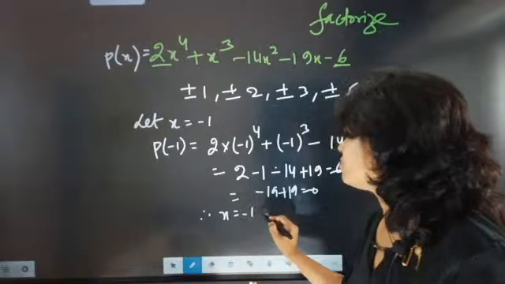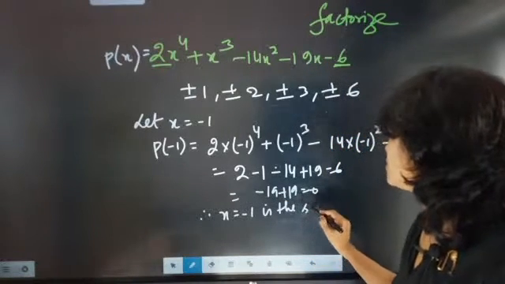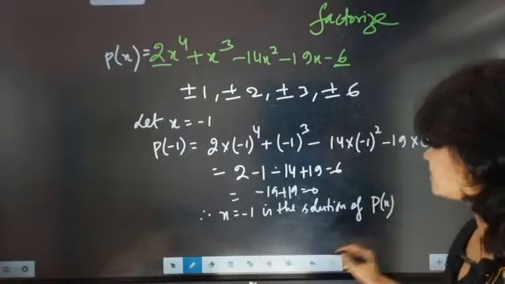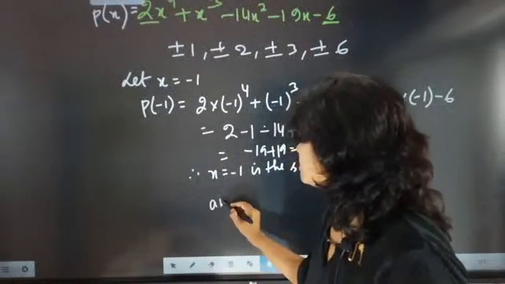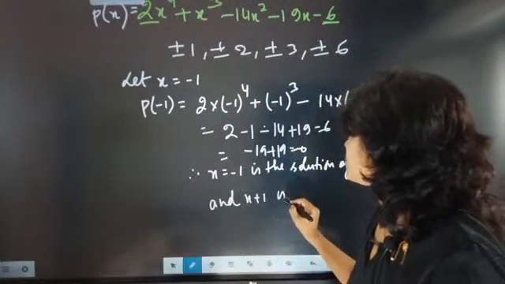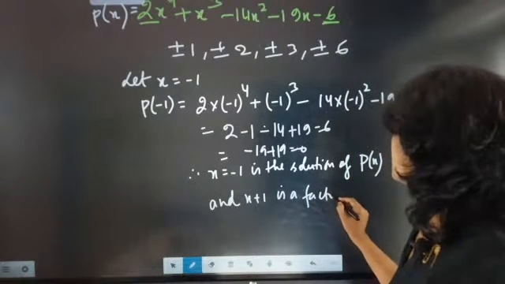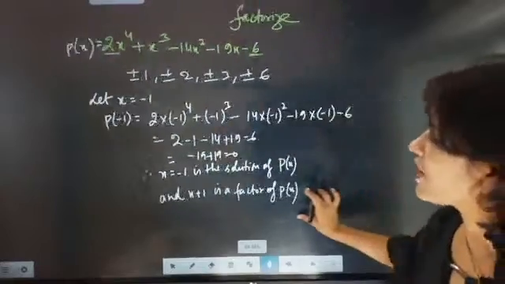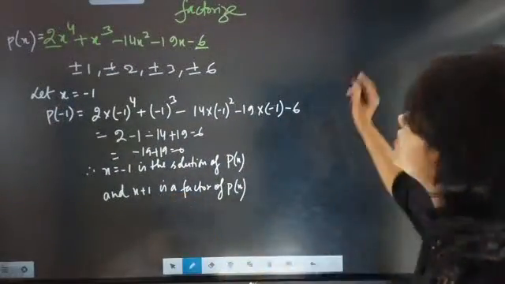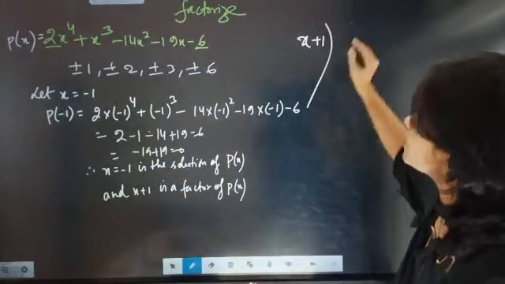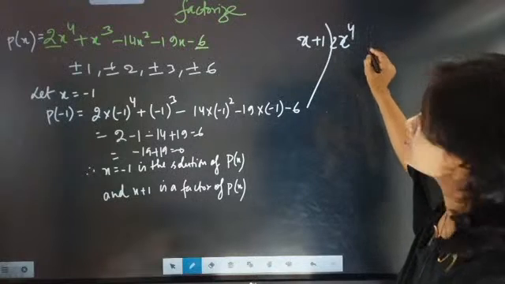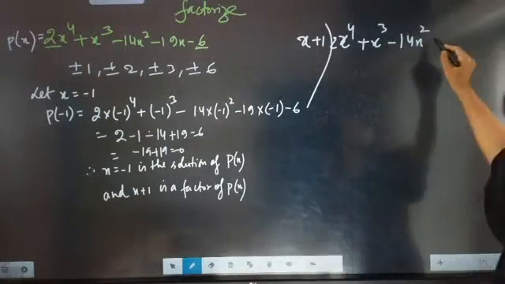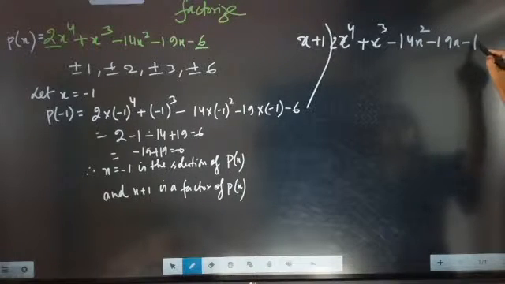Therefore x equal to minus 1 is a solution of p of x, and x plus 1 is a factor of p of x. So this factor will definitely divide it. So x plus 1 will divide 2x^4 + x^3 - 14x^2 - 19x - 6.